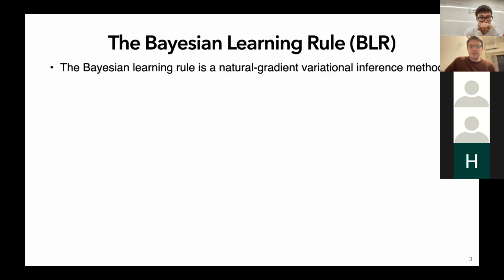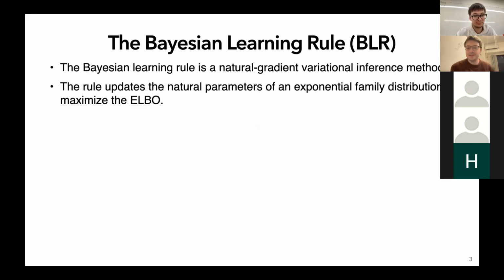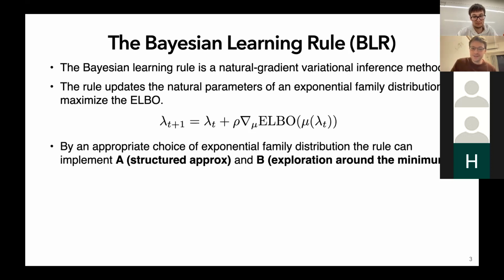Okay, so the Bayesian learning rule, what is it? It's a natural gradient variational inference method, and the rule updates the natural parameters of an exponential family distribution in order to maximize the ELBO. It looks like this. We have the natural parameters lambda, and we do a gradient step on the ELBO in the expectation parameters.